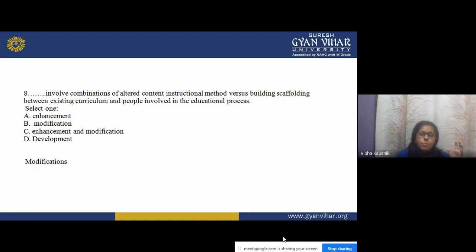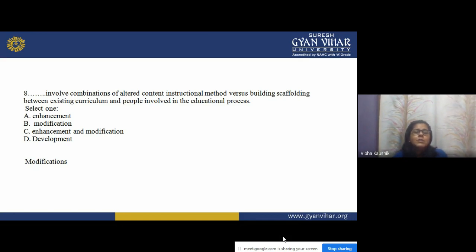Means, what do you call a term which involves both a combination of altered content, instruction methods, versus building scaffolding between the existing curriculum and the new curriculum and people involved in the educational process? Now the options are A, enhancement; B, modification; C, enhancement and modification; or D, development.